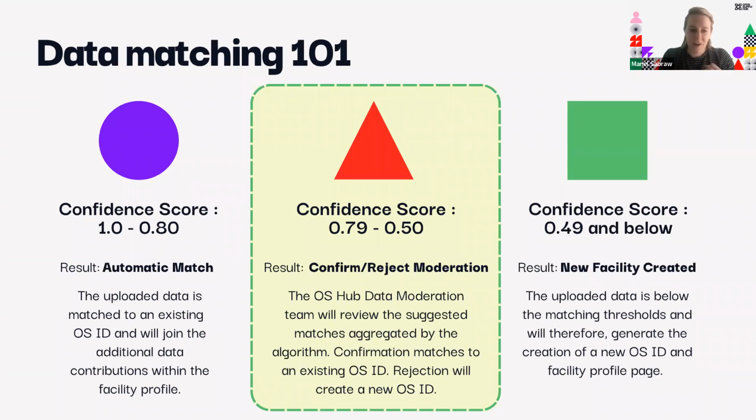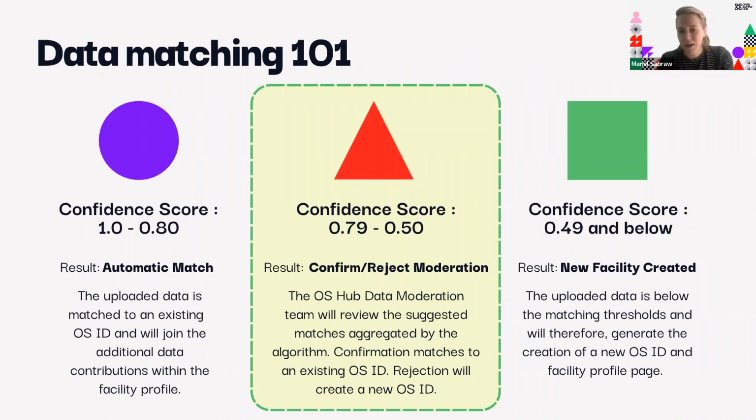In the first category, where the confidence score is between 1 and 0.8, it's going to either create a new facility because it is so certain that there's no match, or it is so certain that there is a match that it just associates with an existing facility. But the point is that in that case, it's really certain.